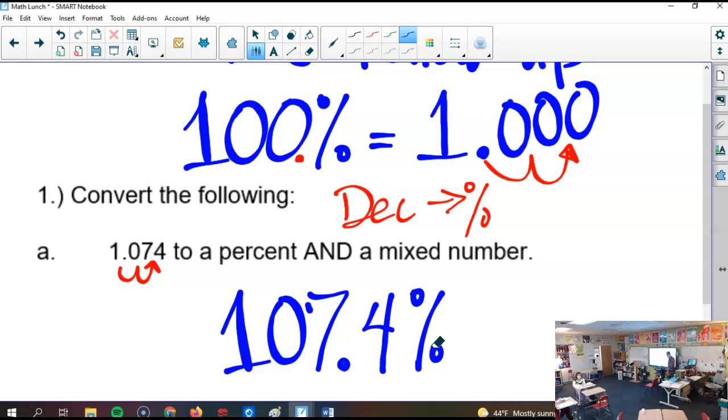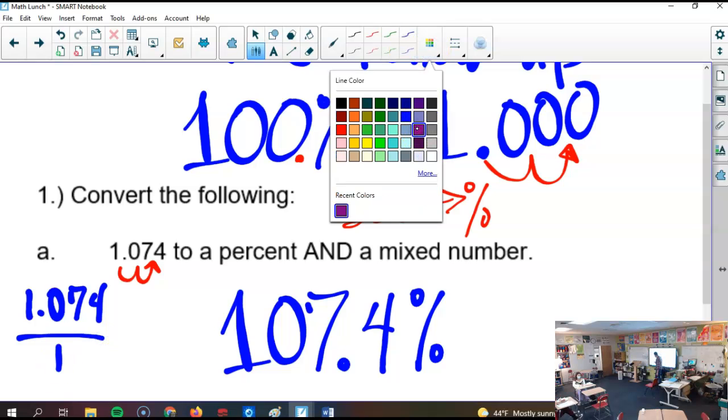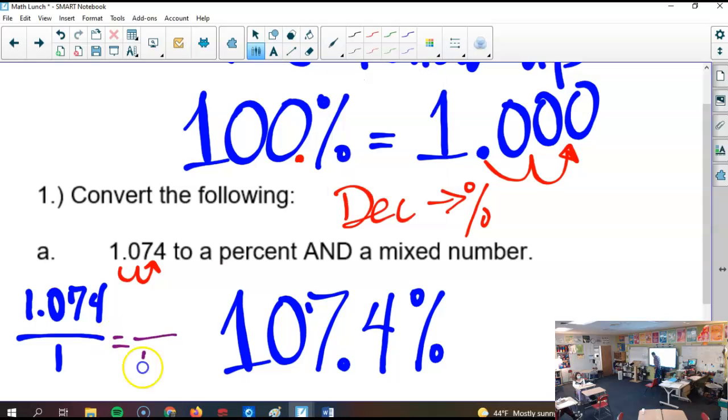The other way we can think of this is 1.074 over 1. To become a percent value, it needs to be over 100. And then whatever number is over 100 is our percent value.